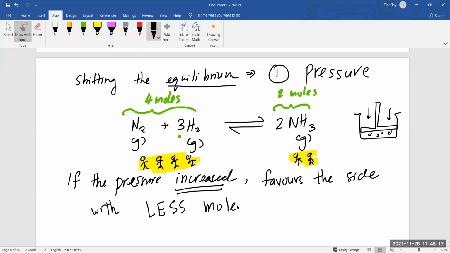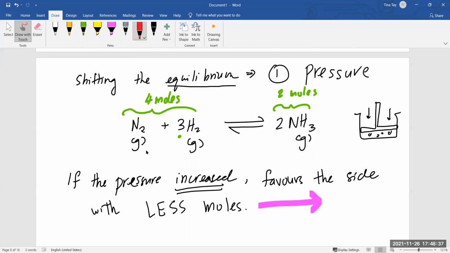Okay, this chapter, there's a very specific way to write. So it favors, that means it prefers, it likes the side with less moles. So who is the one with less moles? The forward, right? Okay. So the reaction goes this way.